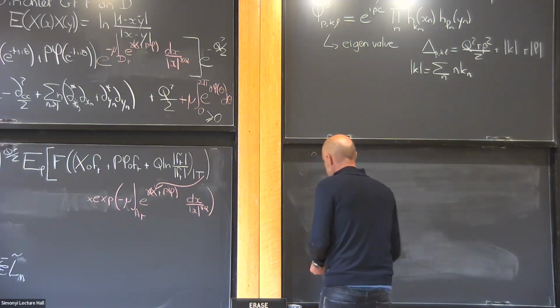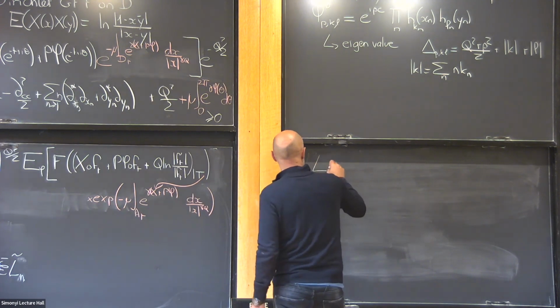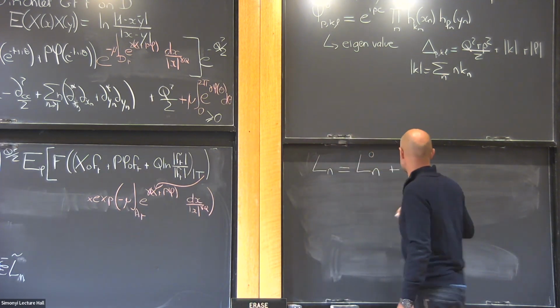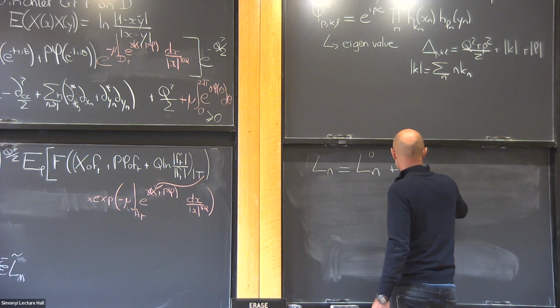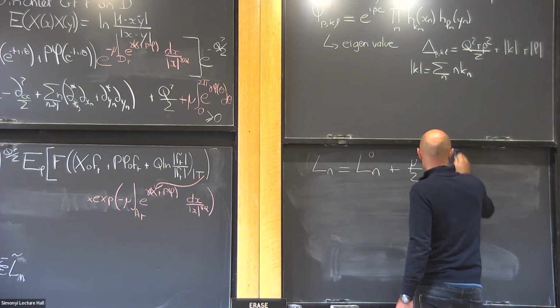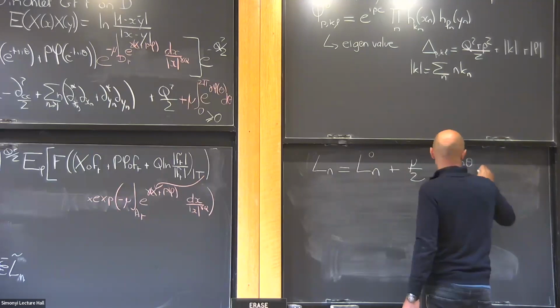So, what you can prove is that Ln is the sum of L0n plus a potential, and this potential is mu over 2 integral over the circle of exponential i n theta.